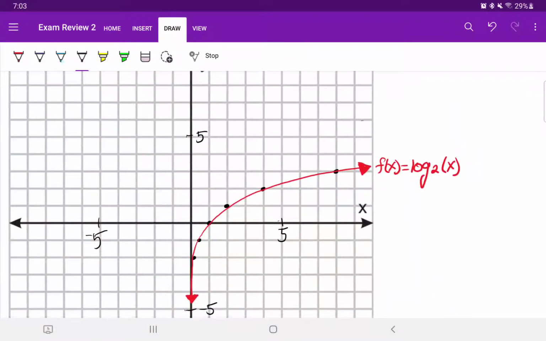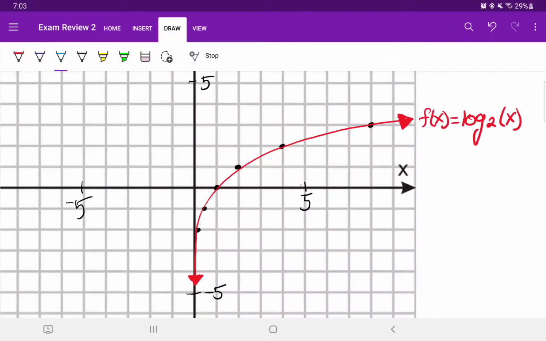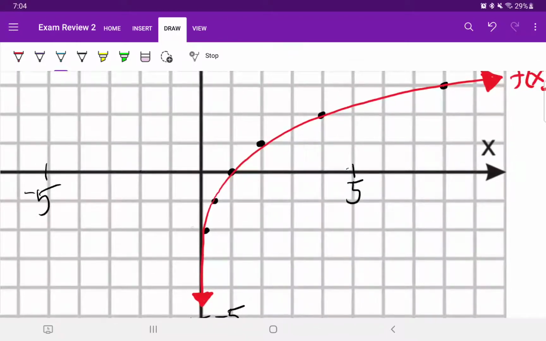So let's go ahead and do that and reflect every point across the y-axis, once again changing the sign of every x coordinate. This first point that I have right here is the point of 1/4 and -2. When I reflect that across the y-axis, that's going to become -1/4 and -2.